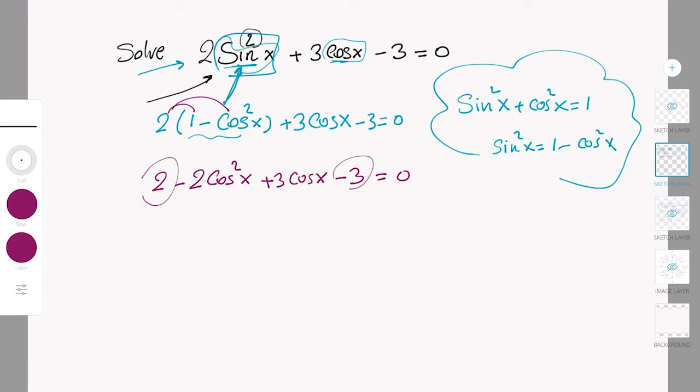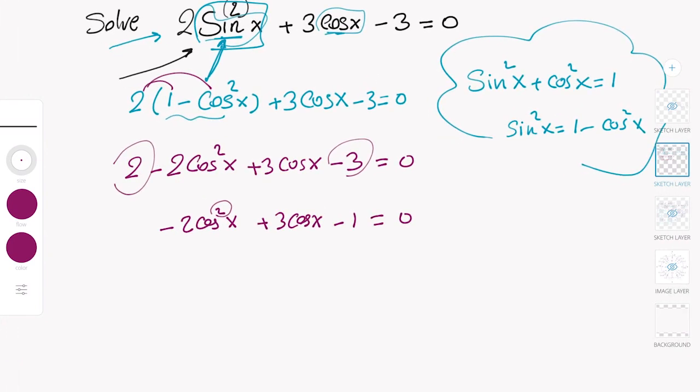2 minus 3 is negative 1. We have 3 cosine of x minus 2 cosine squared of x minus 1. So now we have degree 2 and we can apply quadratic.